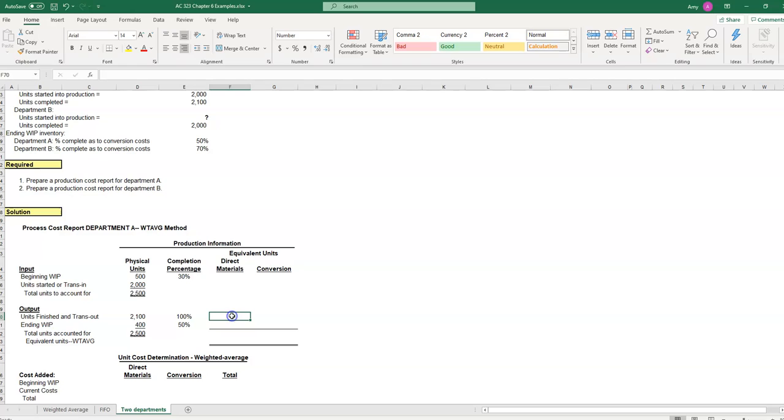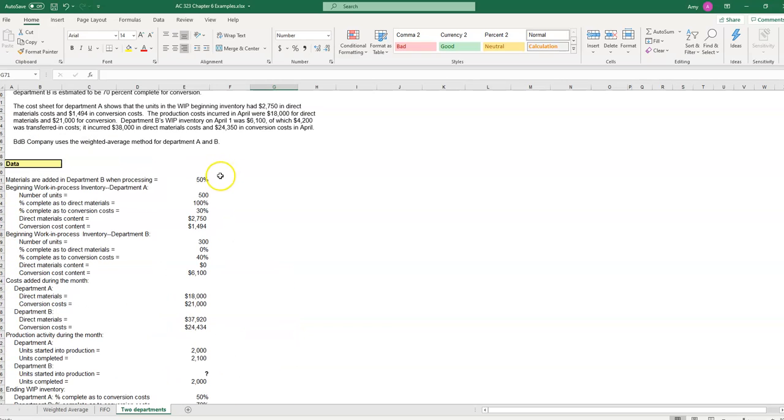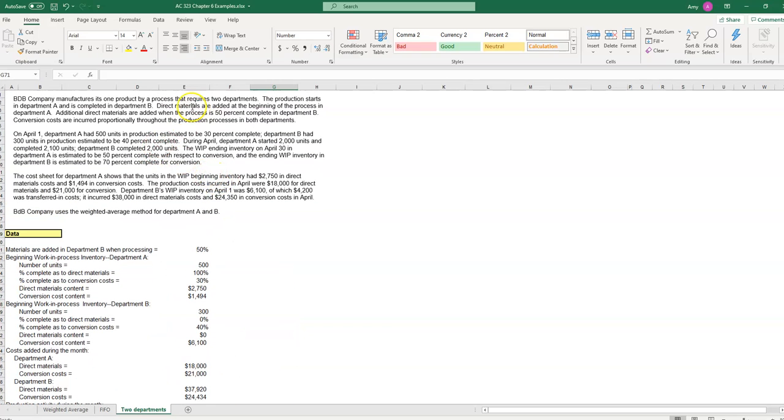So when we're looking to have our equivalent units with the weighted average, the finished and transferred out are always the same all the way across. Those are the ones we did 100% of the work on. Our ending work in process, those 400, were 100% complete for direct materials. And we know that because it tells us that direct materials are added at the beginning of the process in Department A. So if we've done any percentage of conversion at all, we are 100% for direct materials.